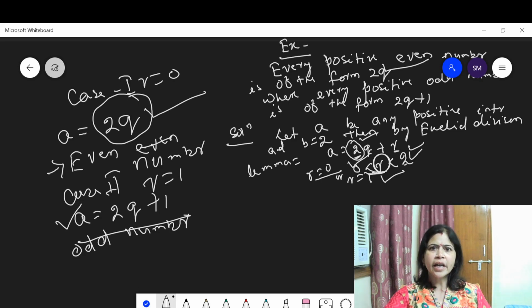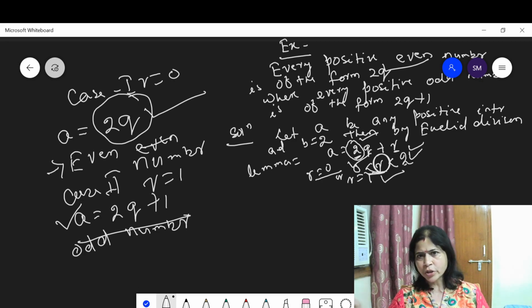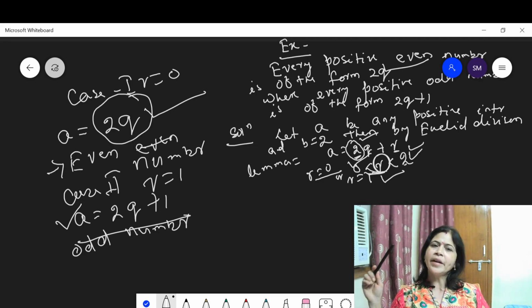Look here. You have to show that any positive even number is of the form 2q and any positive odd number can be in the form of 2q plus 1. When the remainder is equal to 0, then a is in the form of 2q, which means a is an even positive integer, and when the remainder is equal to 1, then a is equal to 2q plus 1, which means an odd number.